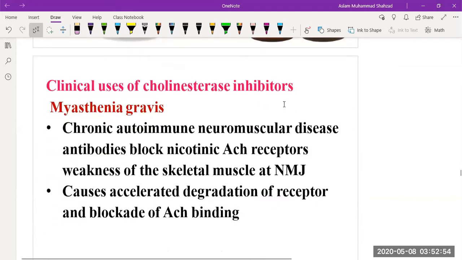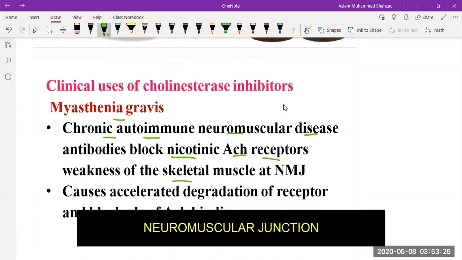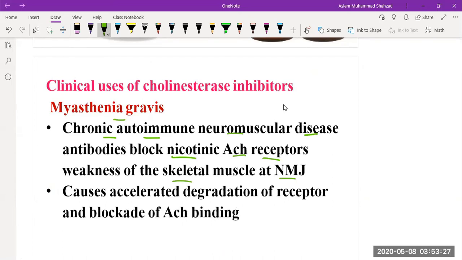Then it is also used for Myasthenia gravis, which is an autoimmune neuromuscular disease. And how does it act? By blocking the nicotinic acetylcholine receptor, and it is responsible for the weakness of the skeletal muscle at the neuromuscular junction.